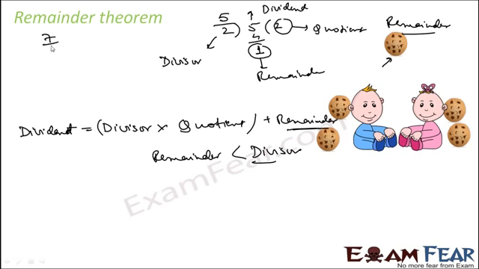Let's take another number to divide to get more clarity. In this case the quotient is 2, this is the remainder, this is the divisor, and this 7 is the dividend.